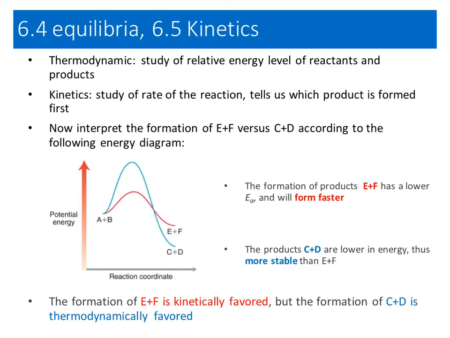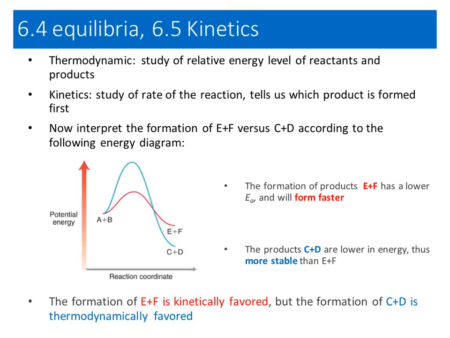In this specific diagram, the formation of kinetic or thermodynamic products is dependent on temperature. At low temperature, the reaction can form the kinetic products. However, at high temperature, it can form the thermodynamic products. So why is that? Because at low temperature, there isn't enough energy for the reactants to pass through the high energy barrier here.